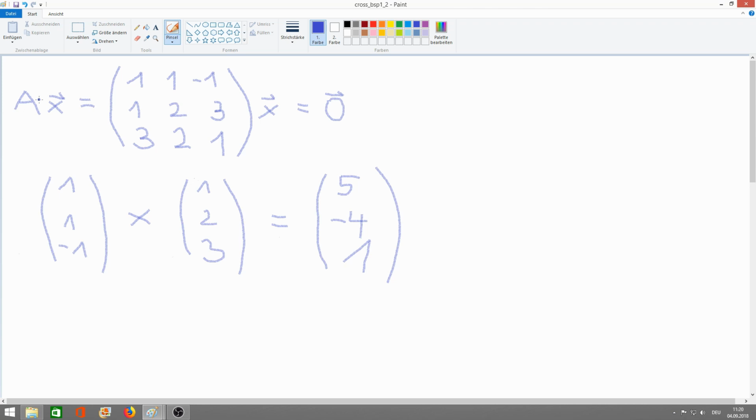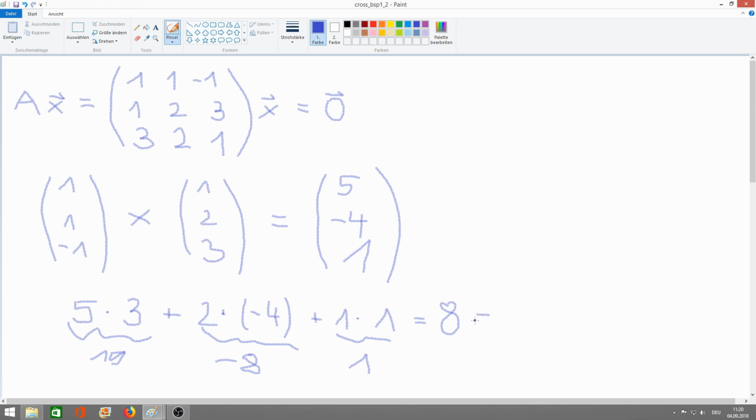Inserting in the first two rows results in 0, but inserting in the last row we get 5 times 3 plus 2 times minus 4 plus 1 times 1. 15 minus 8 plus 1, and this is equal to 8.